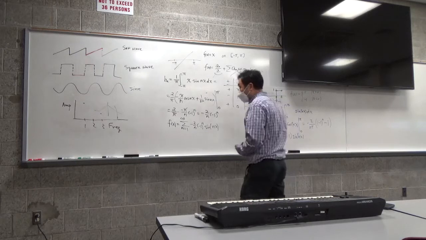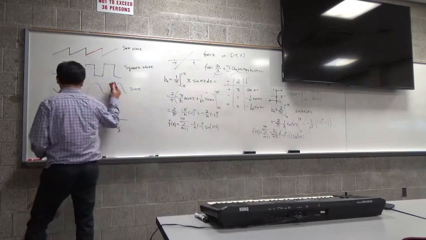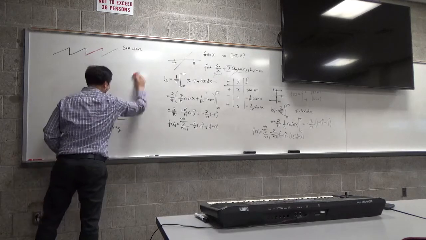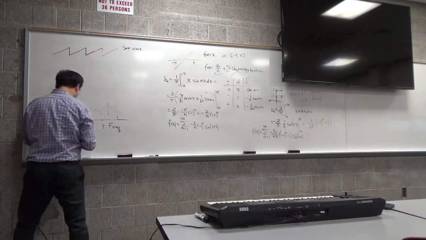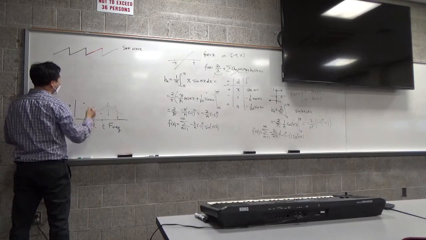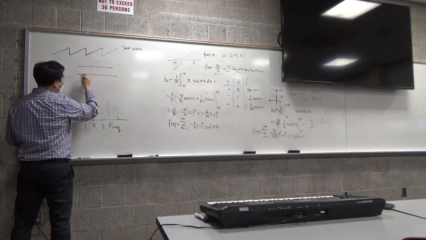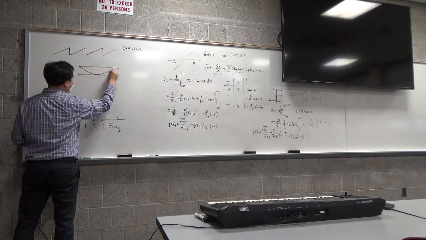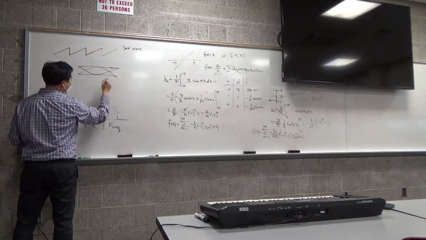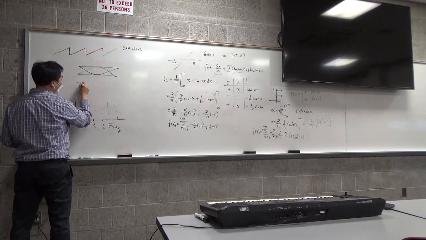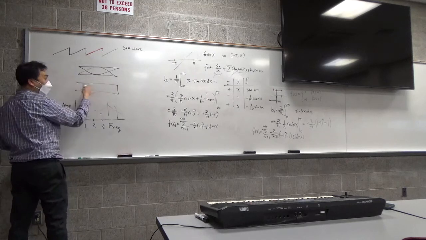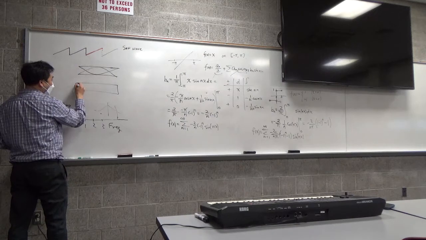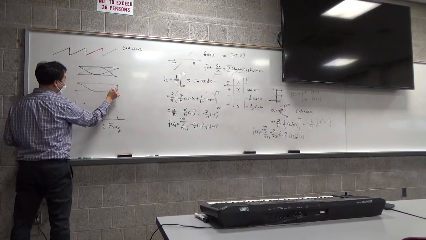Now you probably have seen in physics, you learned about standing waves, right? So you have standing waves. If you have an open pipe, then you had something like this as one of the standing waves. But if you have a closed pipe, if a pipe was closed on one end, then a standing wave would look like something like this, right?